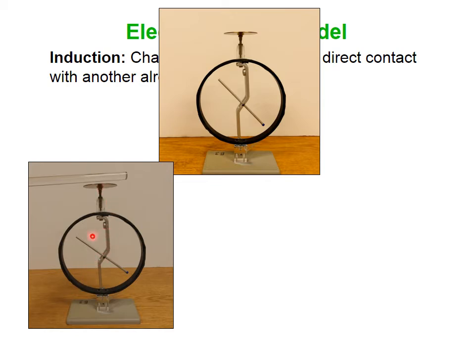Remember, I claimed that this electroscope is negatively charged, and that's what's keeping the lever arm away from the center arm, a repulsive force between them, both of these being negatively charged. If this positive charge is brought near the top of the electroscope, it should draw up negative charges towards the top, because unlikes attract, and the negatives that are down here should be attracted up towards the glass rod.